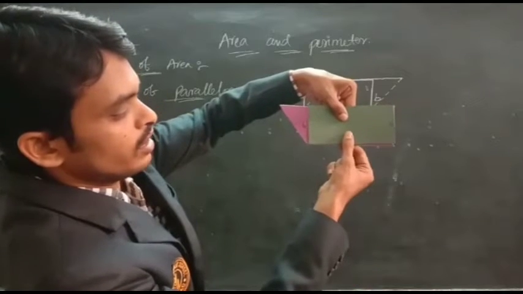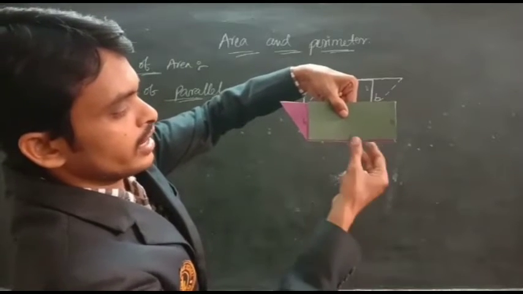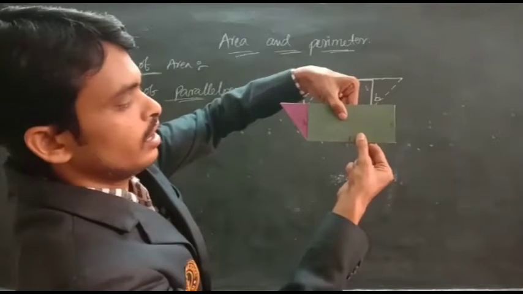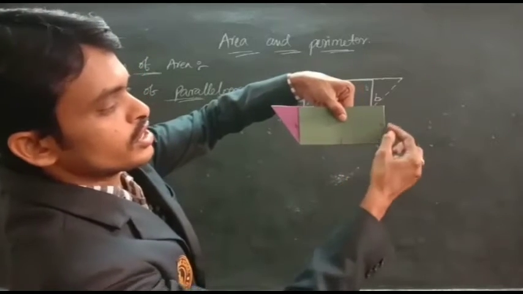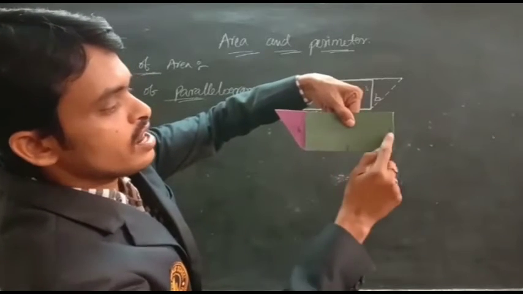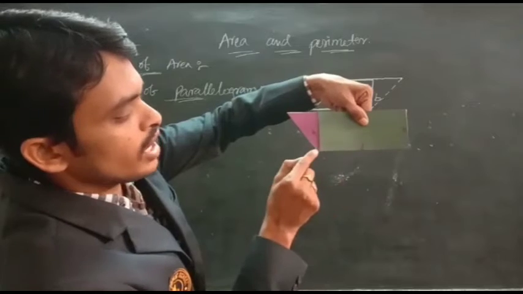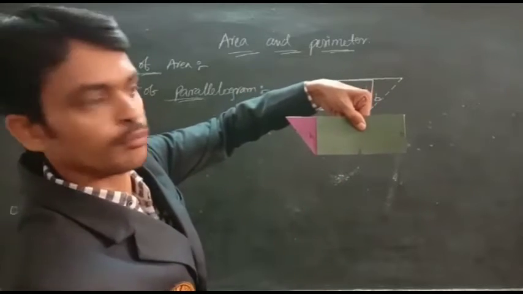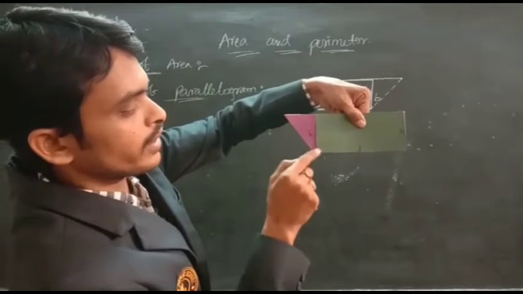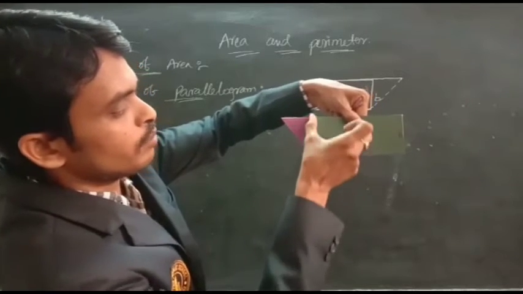Already we know that length of rectangle and base of the parallelogram are equal. Next, what is this? This is breadth. So breadth of rectangle is equal to the height of the parallelogram. See, look at here. This is the breadth. Breadth of rectangle is equal to the height of the parallelogram.